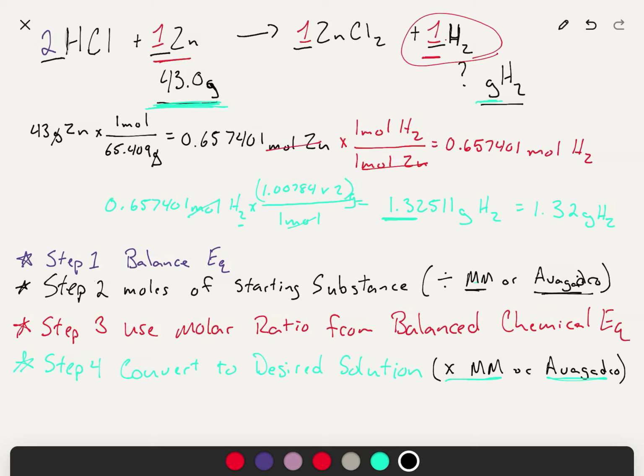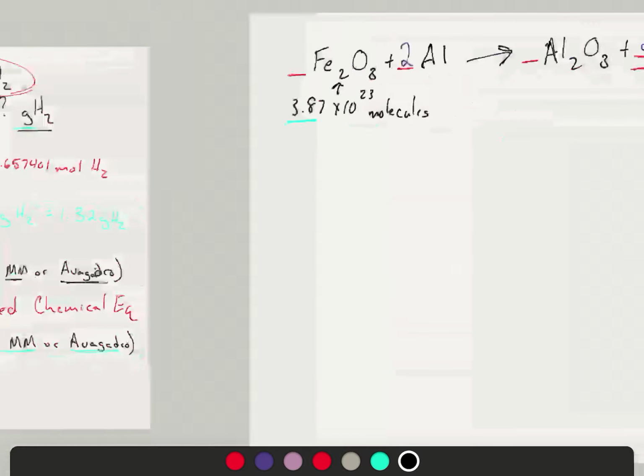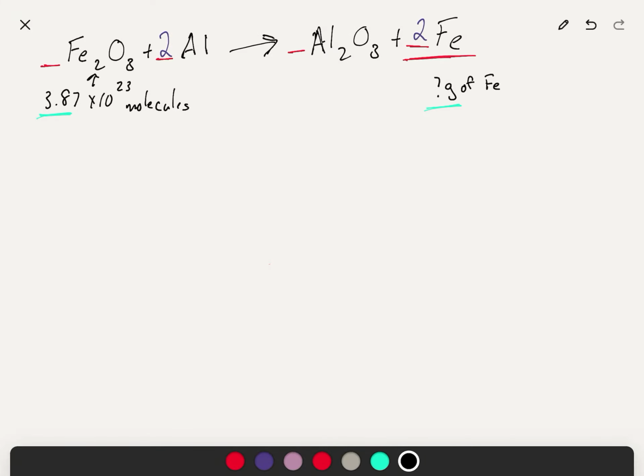Step 2, we need to get to the moles of our starting substance. So we're going to divide by molar mass or Avogadro's number. So we have 3.87 times 10 to the 23rd molecules. We need to divide by either the molar mass or Avogadro's number. Here, obviously, we want to divide by Avogadro's number.